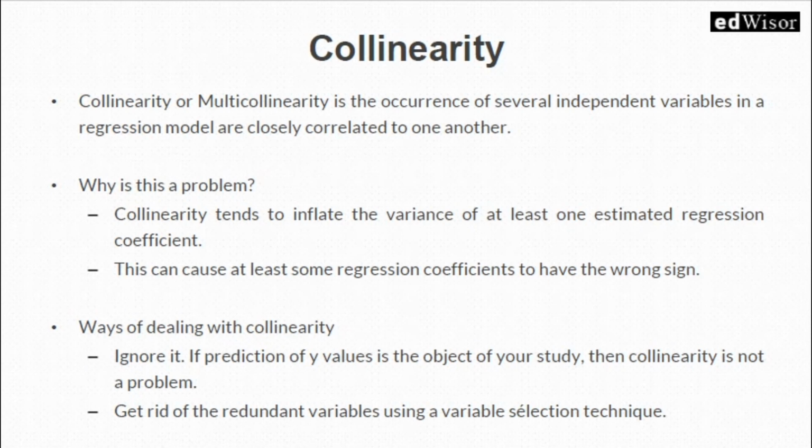Out of these 10 independent variables, two variables are highly correlated with each other. If we consider independent variables which are highly correlated with each other, that will have a negative impact on our model. So let's take an example and understand why we need to remove the highly correlated variables.